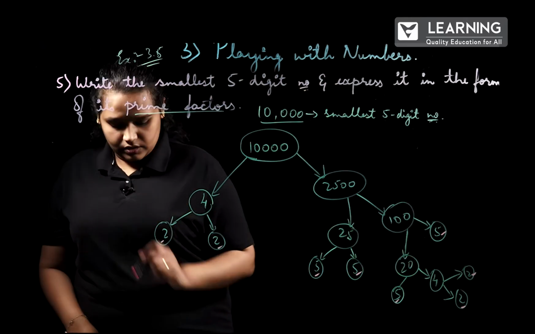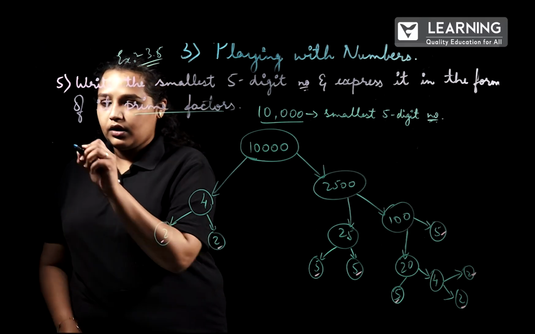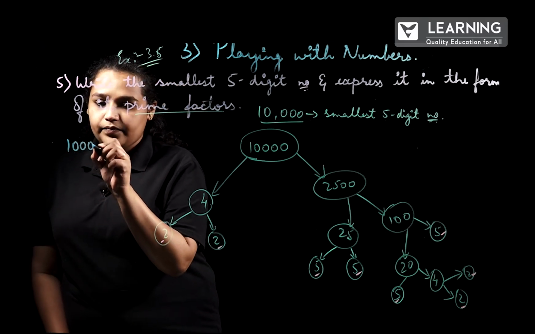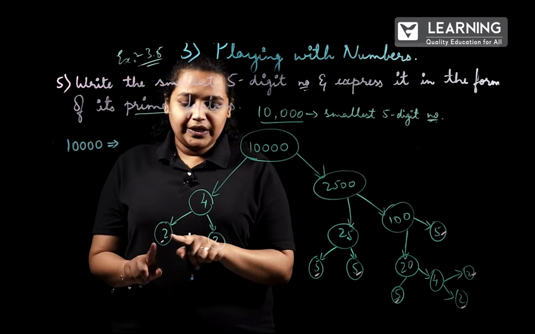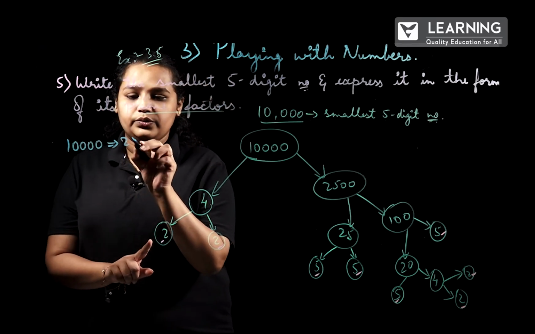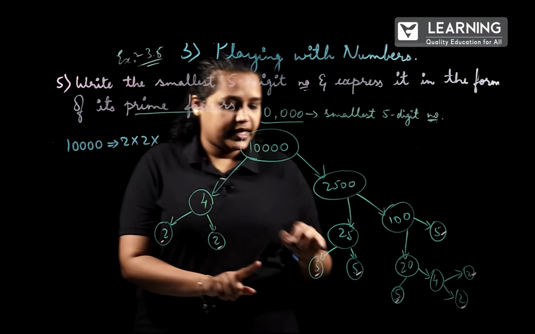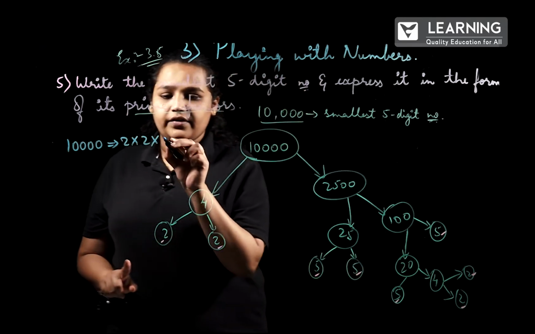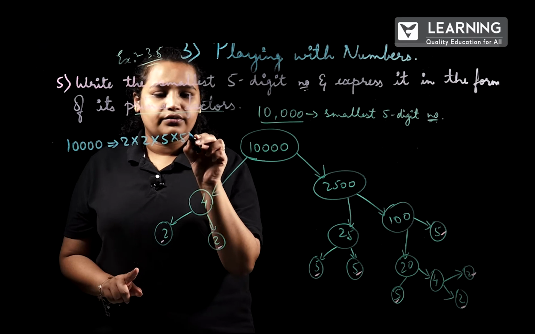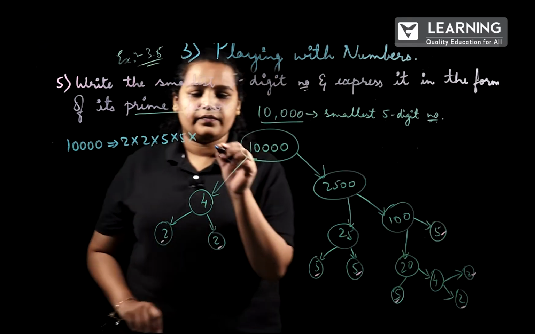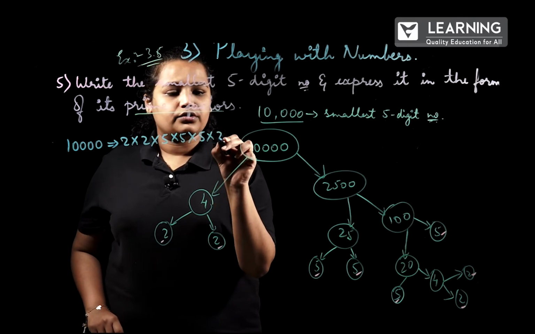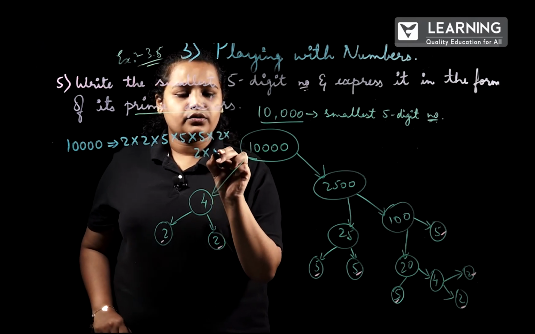So, this 10,000 can be written as 2 into 2 into 2 into 2 into, again come here, 5 into 5 into 5 into 5 into, again 5 into 2 into 2 into 5.